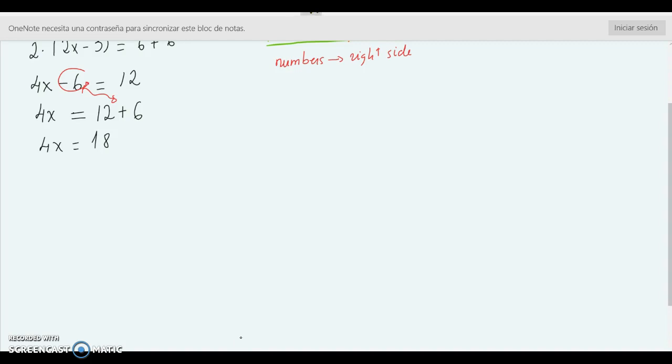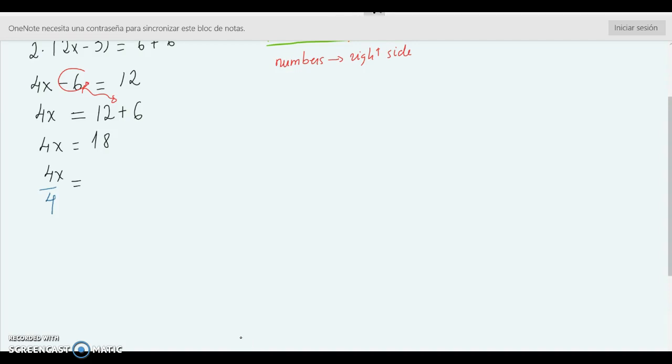Now I need to make the 4 disappear because I want to find the solution of the x. To make the 4 disappear, I write 4x, and I'm going to divide by 4.